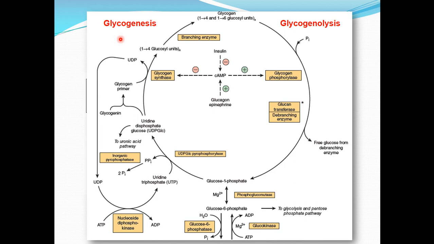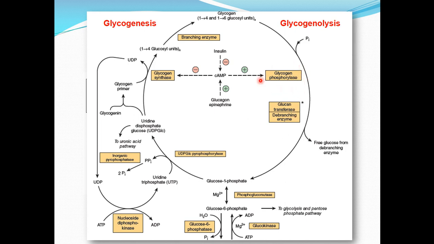We should be very clear that glycogenesis and glycogenolysis are different pathways. They are not the reversal of each other, but separate groups of enzymes catalyze glycogen biosynthesis and glycogen breakdown.